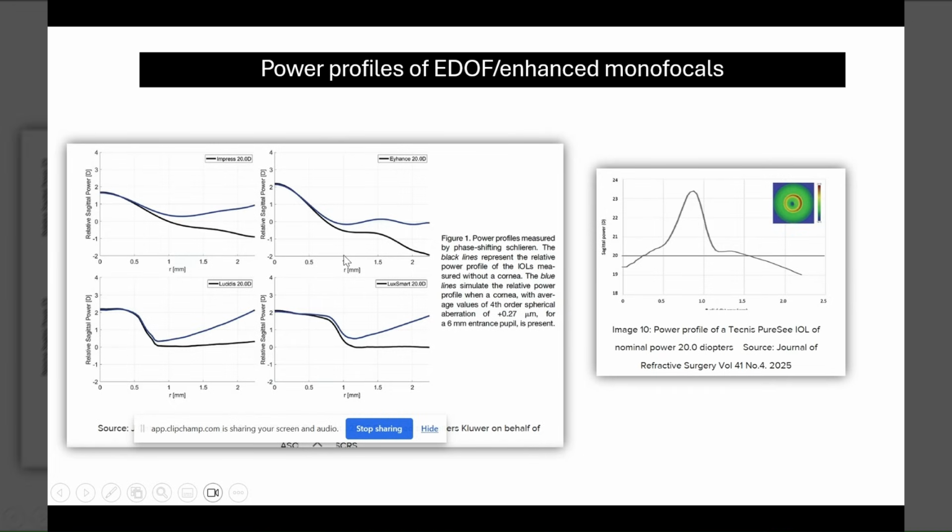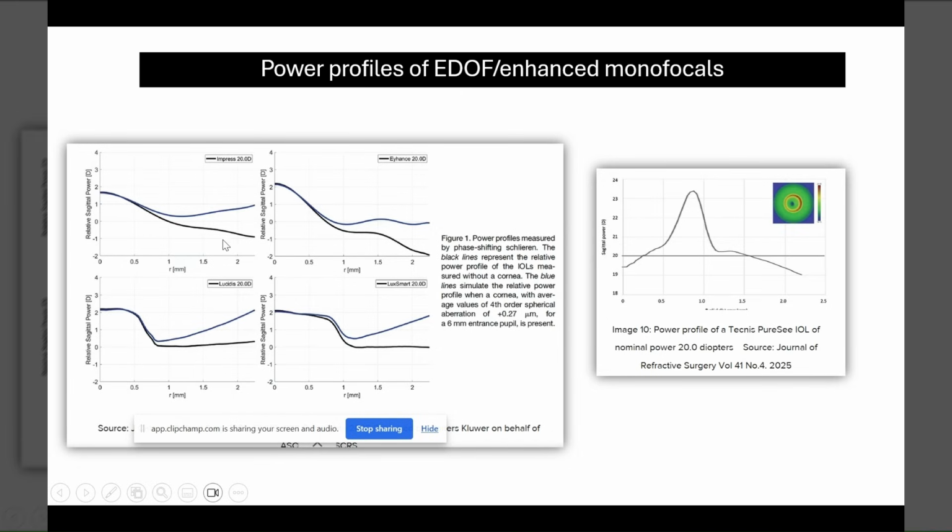So this is based on inflection points. And this is how a latest article at the JCRS shows the power profile of the lens. The black line is the raw power profile of the IOL, and the blue is taking the cornea together. So let's focus on the black. You can see all of these lenses start with a very high power and then come down.